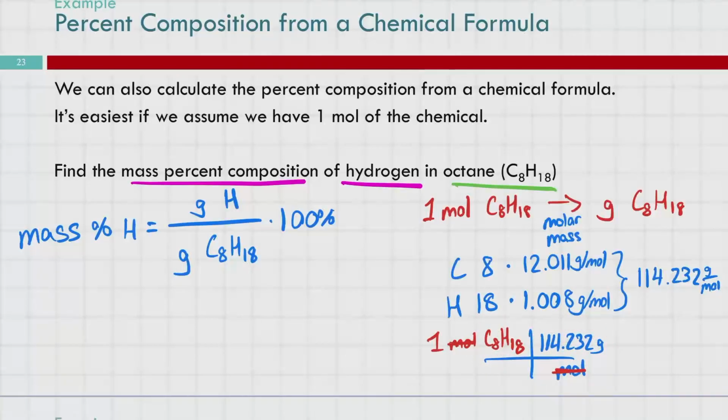This is why we're choosing 1 mole. It's because then our molar mass is the number that we would put into our mass percent equation. You could also just not remember the 1 mole part of it and just remember we put the molar mass in for the octane or for the chemical that we're using. So now we've got one of our 2 things solved.